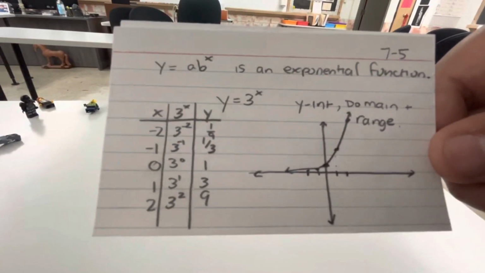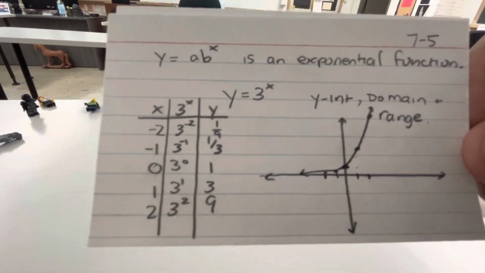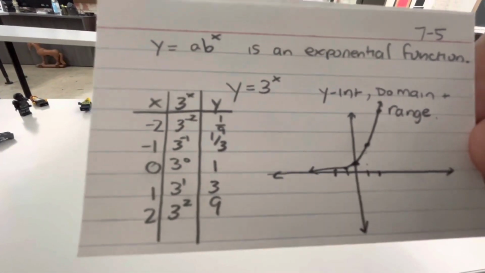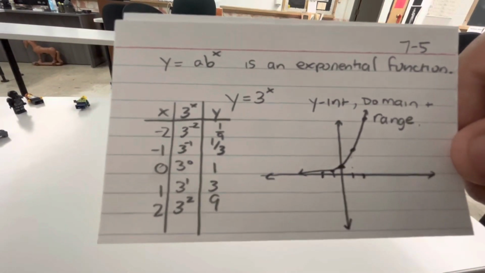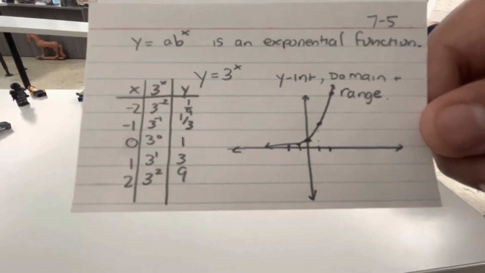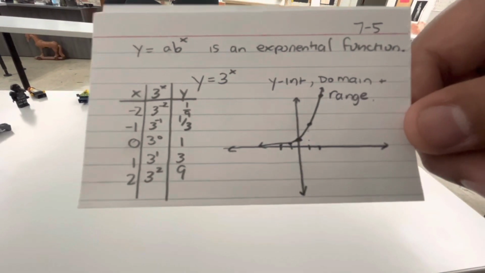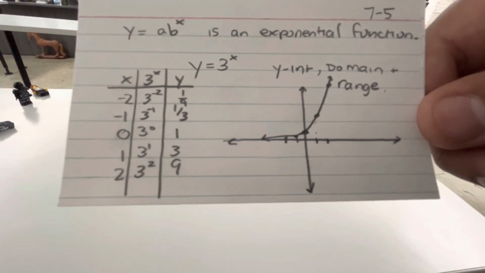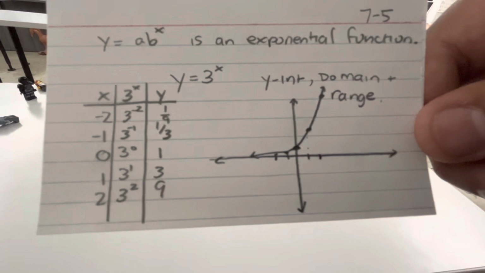We can sub in x for 1, which makes it 3. Or we can sub in 2, which is 3 to the second power, which equals 9. The y-intercept, domain, and range make the line go up.